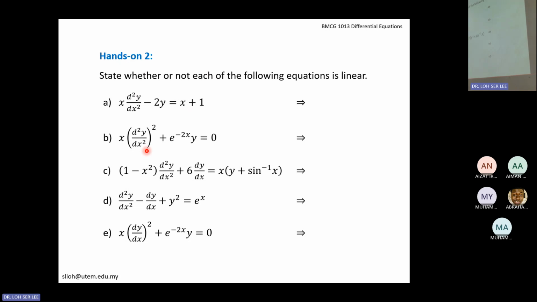When you look at the question, you have to look carefully whether it asks for linear homogeneous or homogeneous. Linear homogeneous and homogeneous are different. Linear homogeneous means it must be linear and homogeneous. Homogeneous means we don't care whether it's linear or non-linear, as long as it is homogeneous.